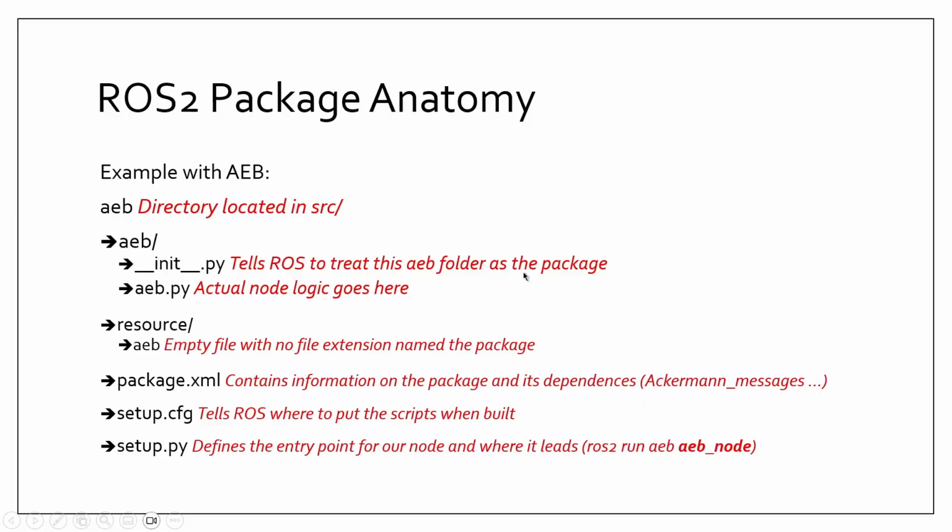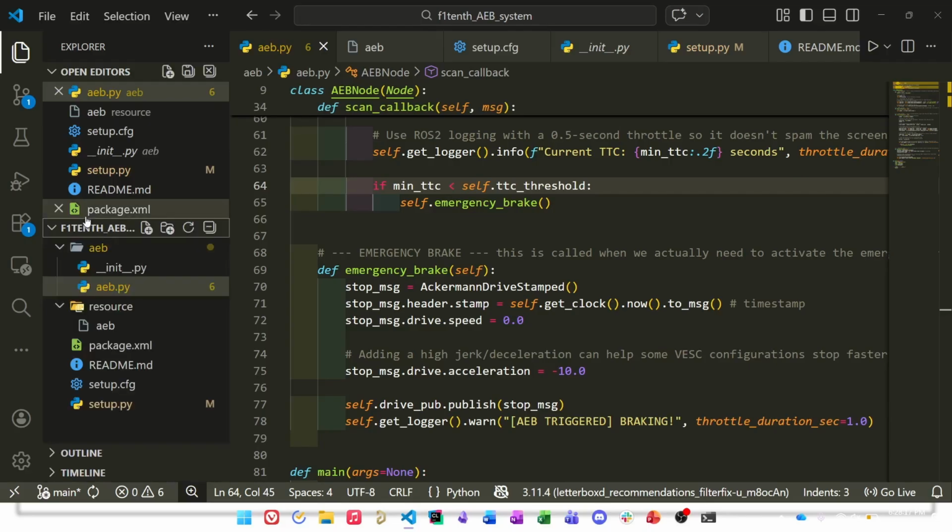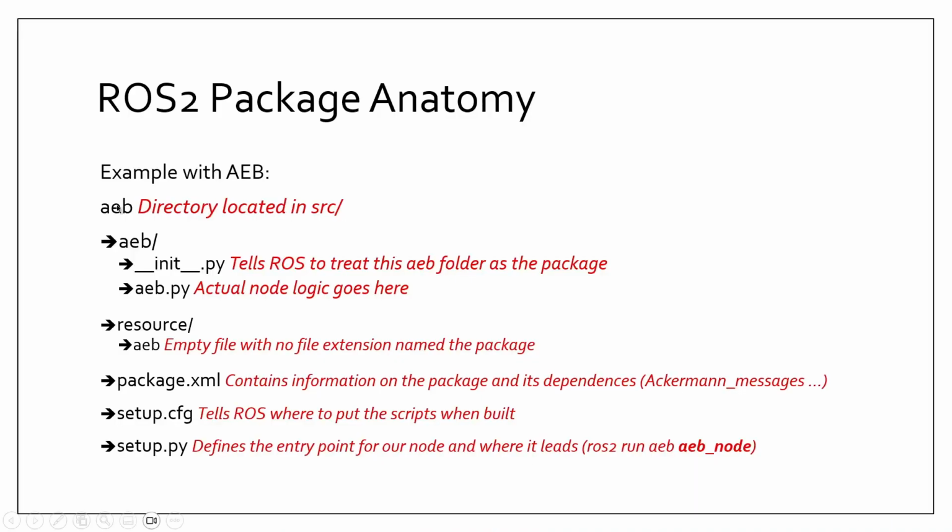So yeah, and then also when you're making a ROS2 package, there's a specific format that you have to follow. So this is the package here, and AEB is the directory located in src, and when you go inside of that, you're going to have another directory called that same node name, and inside that directory you'll have your init.py.